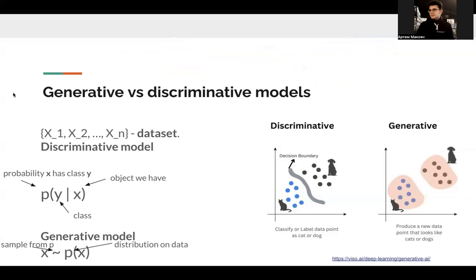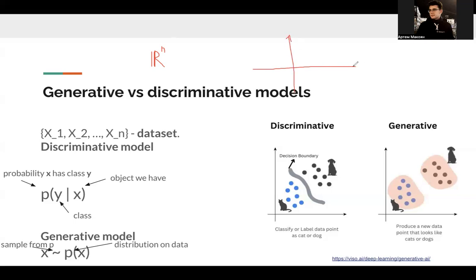So now we have objects. Usually we encode objects in some R to the degree n, because we can encode images like this, and we can encode text with embeddings. We can say that our objects are in R^n, and for simplicity, let's say n equals 1.